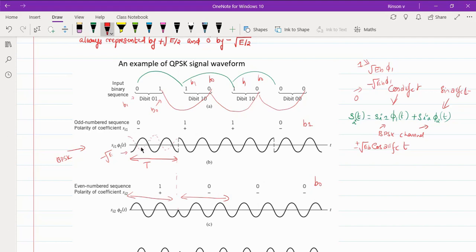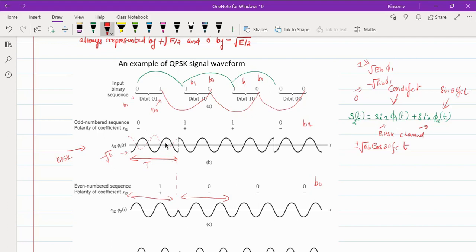But here you have 0. Then the 0 should be represented by a negative cosine signal. That is, you need to multiply this cosine with minus root E. Just simply neglect this root E here. You can say that it is a negative cosine. Negative cosine means this cosine inverted.